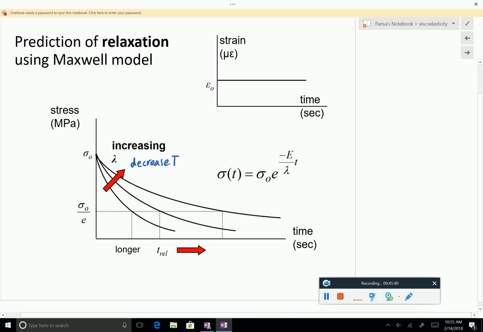What does that mean? It means that it takes longer for the stress to go towards zero at the same level of strain. That's what it means. It takes longer, because the material is flowing less. Makes sense. And the other way around, of course, and many of you had the correct answer.